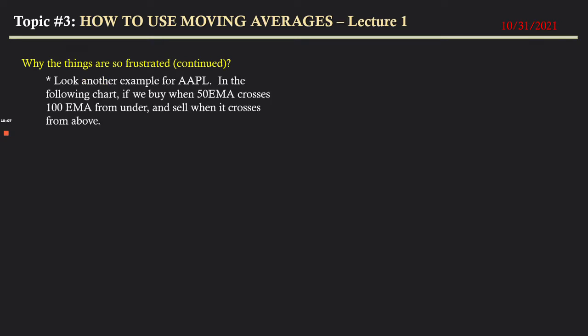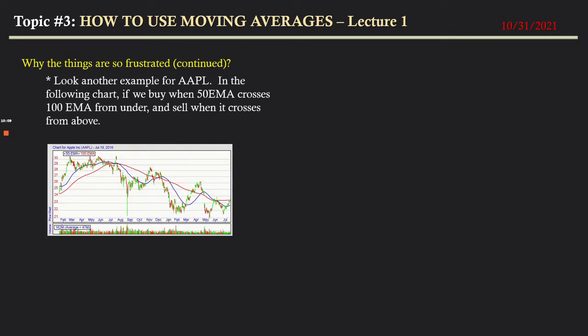So let's check another example with the same Apple, and you see the moving average lines cross here and cross here. So by the rule, at the red place we should buy and at the green place we should sell.